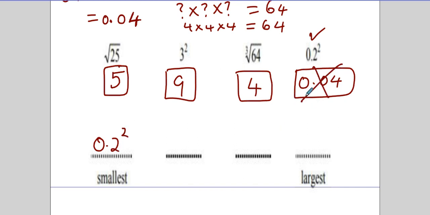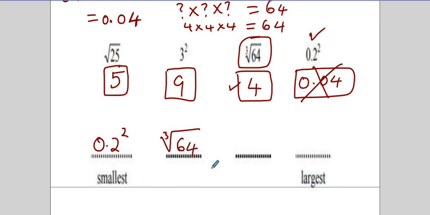This number was there to help you to know that the smallest number is 0.2 squared. Now, what is the next smallest after 0.04? The next smallest will be this number 4. But do you know what we are going to write? We are going to write cube root of 64.